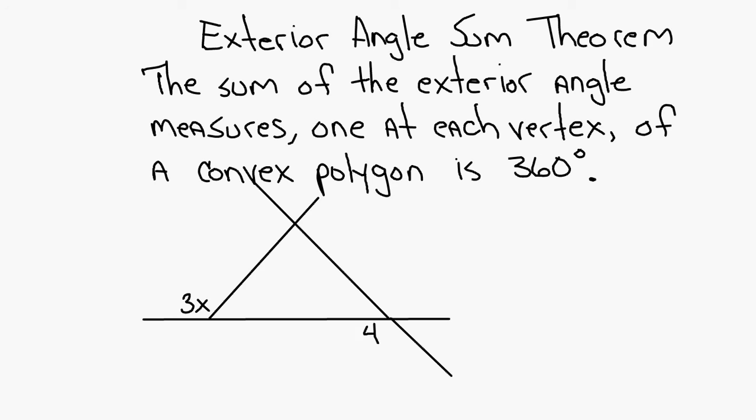We'll make this 4x. And then a third exterior angle, and we'll call it 5x. All right, so that's one exterior angle measure at each vertex. An exterior angle is formed by a side and an extension of another side. All right, so let's say that you're asked to find each angle measure.